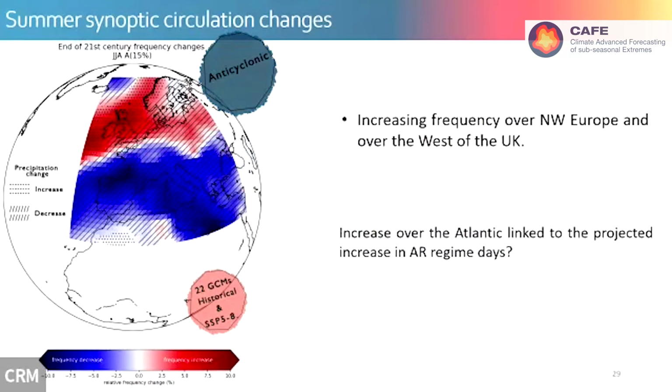And lastly, we also saw that there is likely an increase in anticyclonic situations over west of the UK. So if we place an anticyclonic here, of course, this would lead, given the circulation, to more easterlies over Central Europe and weakening of the westerlies, which would all combine to lead to more dry situations over continental Europe, given these circulation changes.